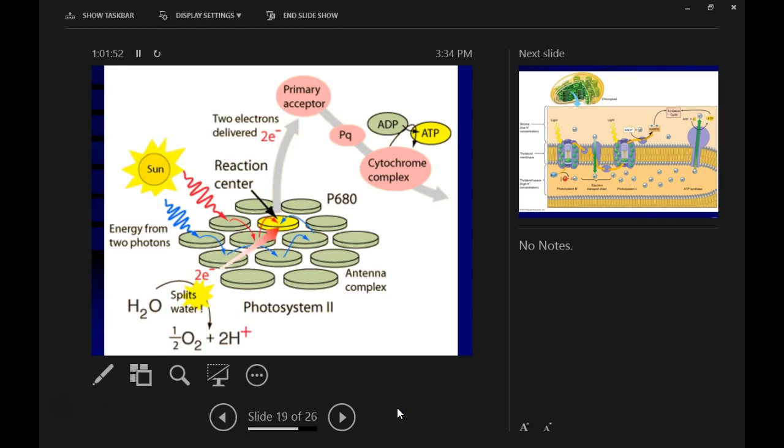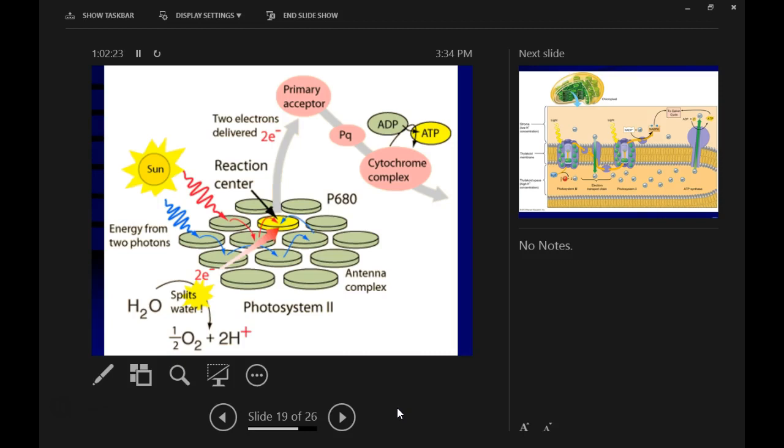So you're wondering, oh, okay, so that's where the water comes in, and it also explains where the oxygen comes from. We know that oxygen is a waste product. Here is your O2. So it's photosystem II that's actually producing the oxygen gas as a waste product. This is where the oxygen comes from in our atmosphere. It comes from photosystem II.